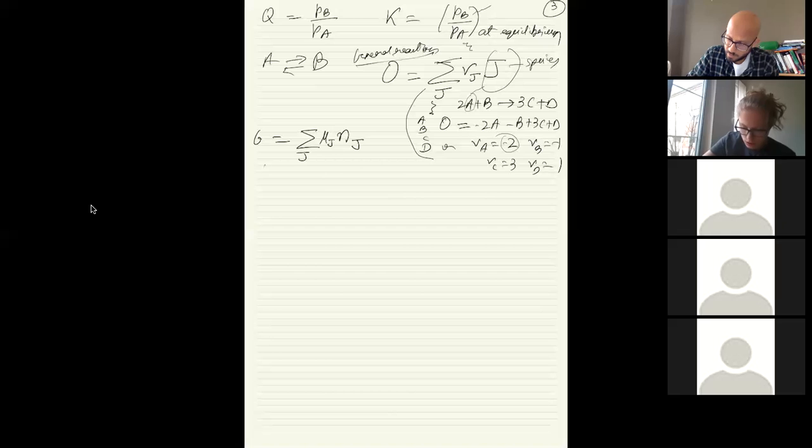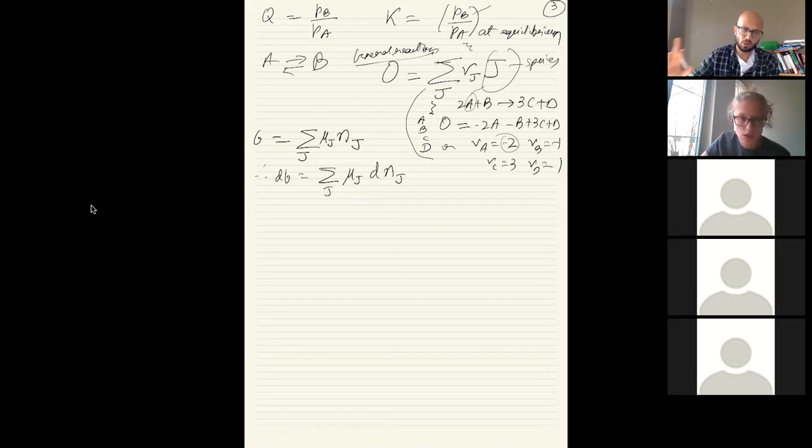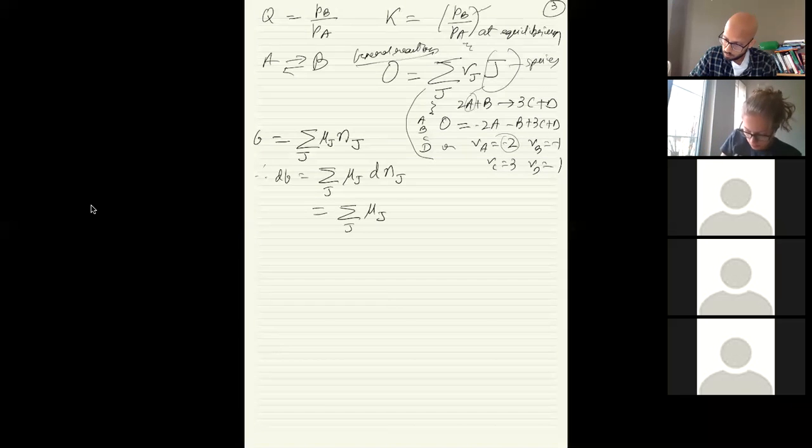So therefore dG is going to be the sum over J of mu J dNj, right? We are not changing the chemical potential because it's happening at constant pressure and temperature. All we are changing is the number of moles of species. And then we can use our progress variable and write it as the sum of mu J nu J d psi.